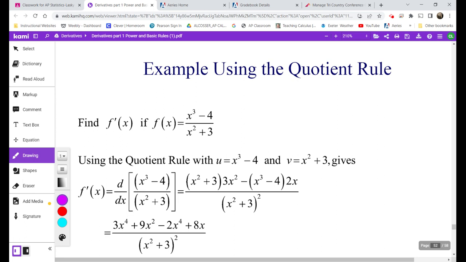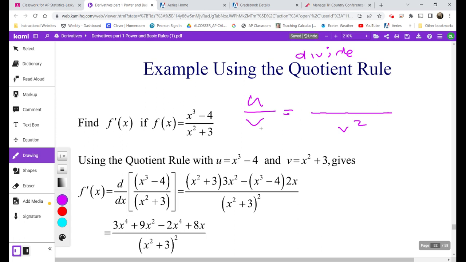This is the way I keep writing, on my mouse pad, not this. All right, so when we have u divided by v, we have v squared on the bottom. This is the quotient rule. We're dividing, so the word quotient means divide. When you see the division, this is super helpful sometimes.